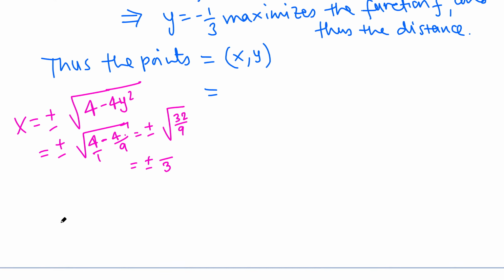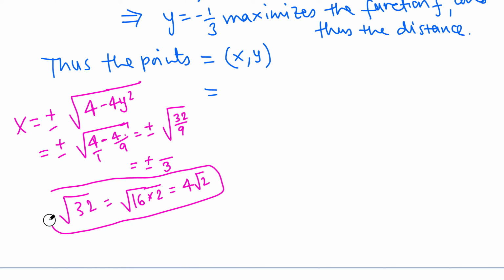Plus minus √(32/9). Okay, 9 is a perfect square number, so 3 on the bottom. 32, okay, 32 is 16 times 2. 16 is a perfect square number, so 4√2. So plus or minus 4√2 over 3.